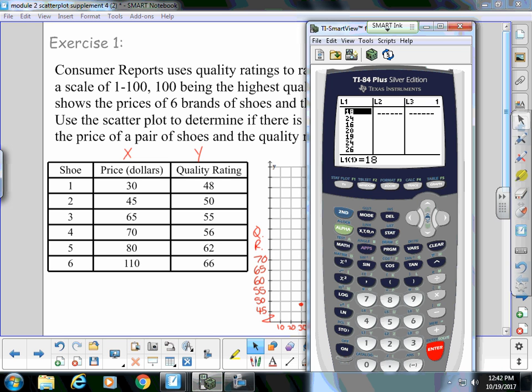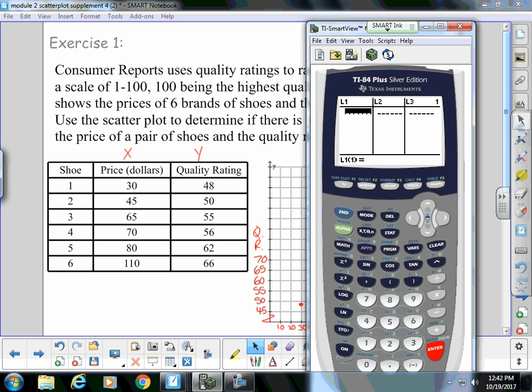And then I get some tables here. Now if you've got something in your table, you want to go up to the top, push clear, and then enter. Oh my word, how many numbers are in here? There we go, clear and enter.